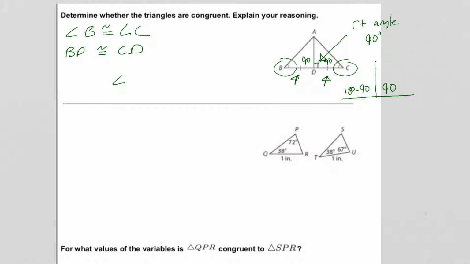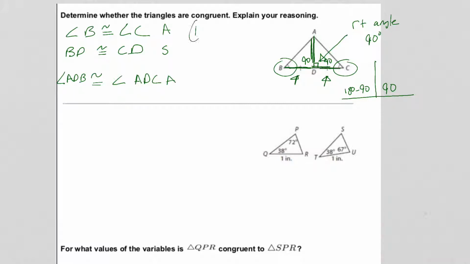I'm talking about angle ADC, right here, ADC, that's going to be congruent to angle ADB, which is right here, right? So then the question is, well, have you met your conditions for angle side angle congruence? Well, here's an angle, that's its included side, and that's an angle.